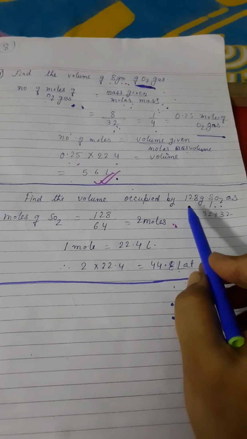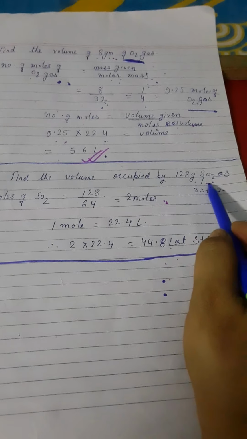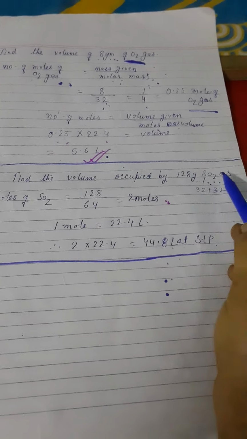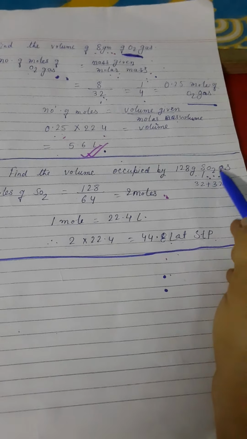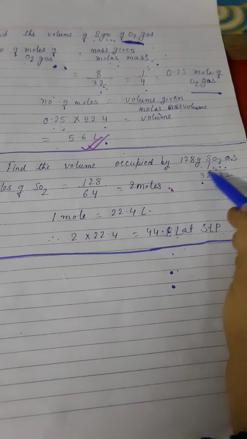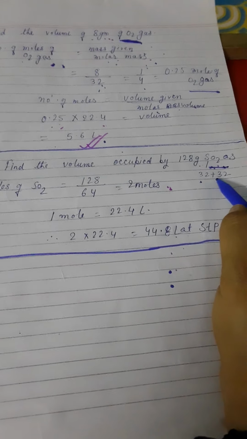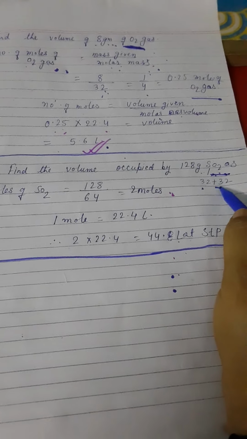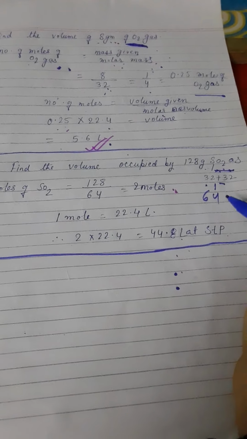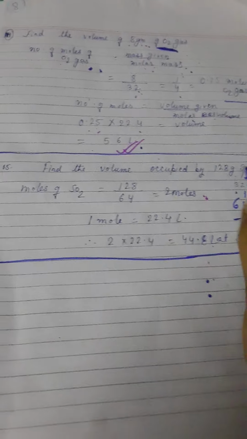Find the volume occupied by 128 gram of sulfur dioxide. Sulfur dioxide, SO2. Again you have to find out the molecular mass of sulfur dioxide. The sulfur's atomic mass is 32, and oxygen has how many atoms? 2 atoms. So 16 into 2, 32, that is 64. So we have our molecular mass of sulfur dioxide, 64.